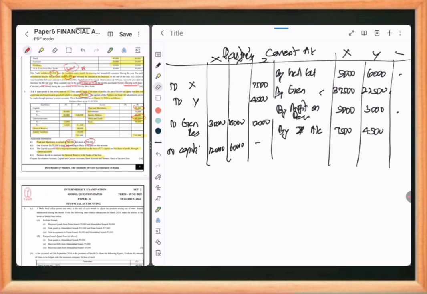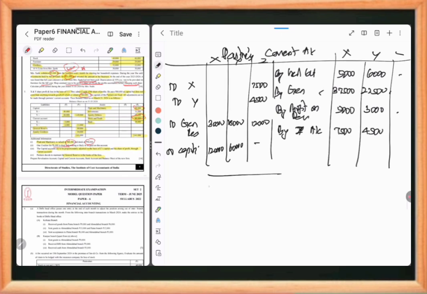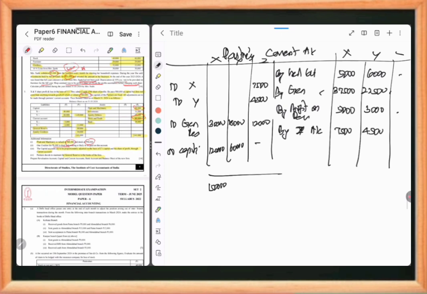So if you total it, 30,000 plus 1,20,000, that is 1,50,000. So we will balance 1,50,000 for X. 1,50,000 minus 5,000 minus 37,500 minus 5,000 minus 7,500. So 95,000 he should bring.